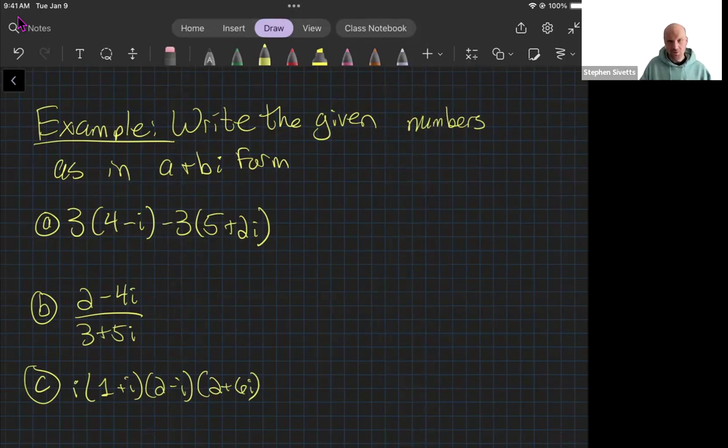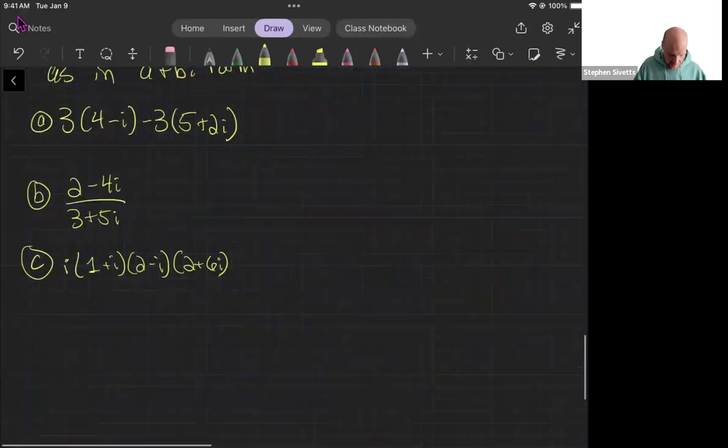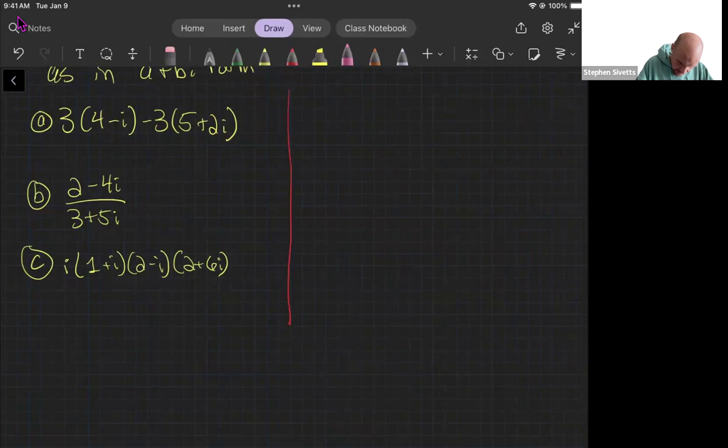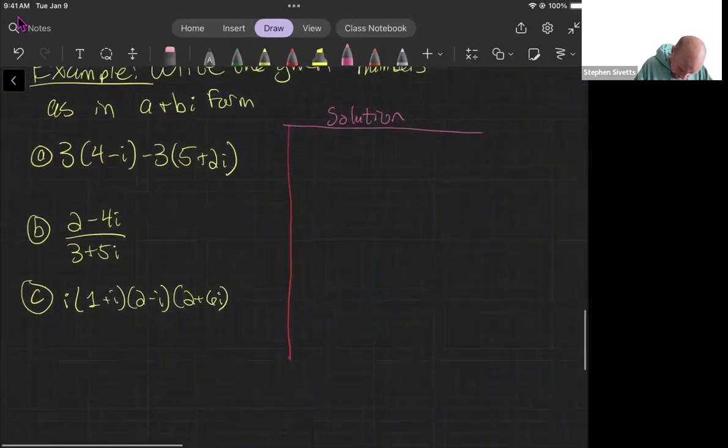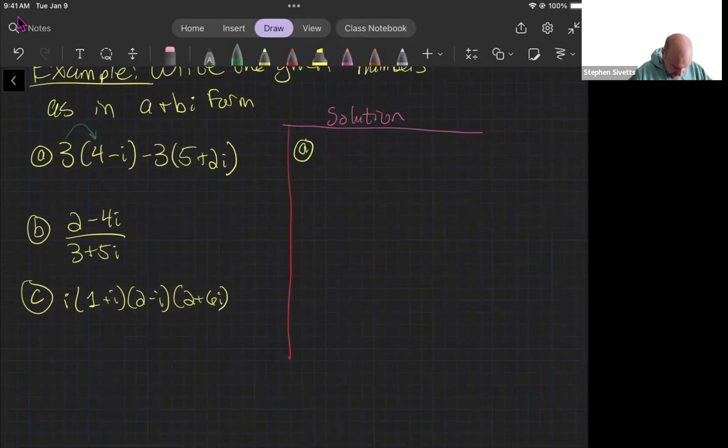Okay, hopefully you did all these examples. So let's look at how you would solve these, okay? In part A, what we do is first multiplication, do order of operations, right?